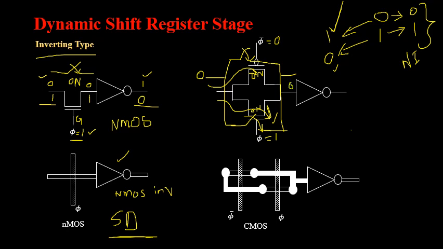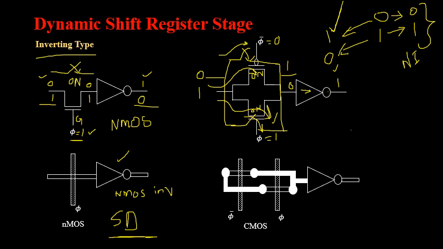When 0 state is attained over here, it behaves like an input for this particular inverter and it will reverse the input. So 1 is the obtained output. 0 was the applied input signal and 1 is the obtained output. So now we call this inverting type. Similarly, if I apply 1, it will take the path through the PMOSFET because the PMOSFET is capable of passing exact logical 1 state.